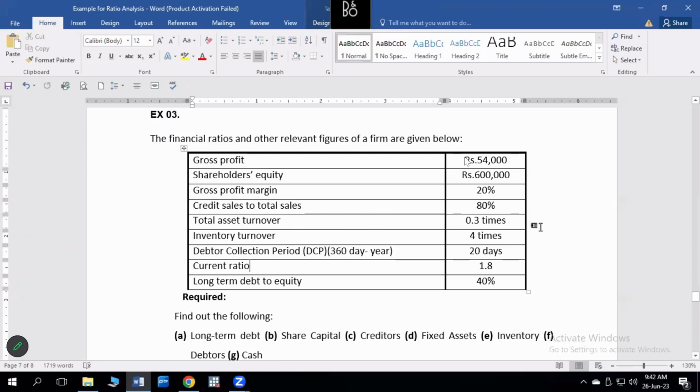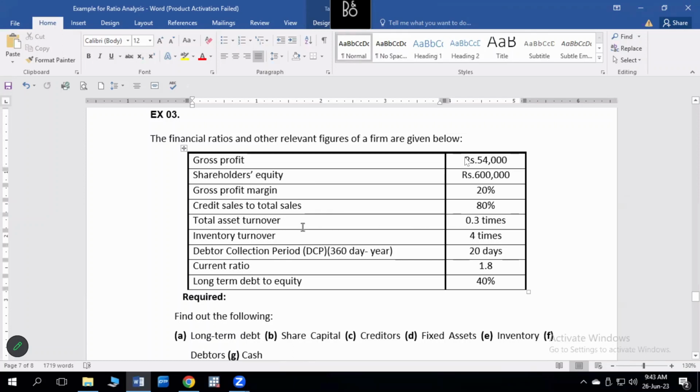Total asset turnover is given as 0.3 times. What is the meaning of total asset turnover? The denominator is total assets and the numerator is sales. If you can find the sales figure, you can get the total assets.